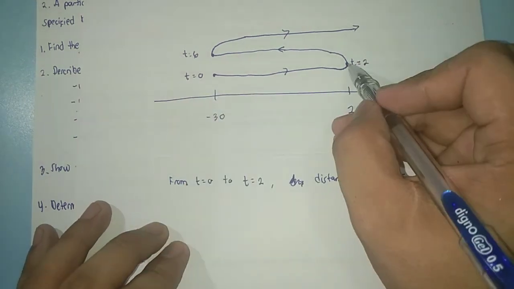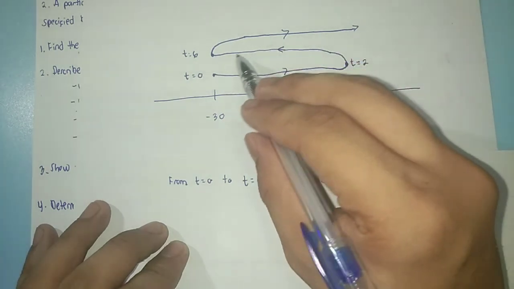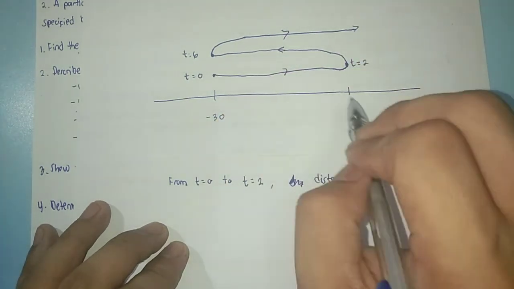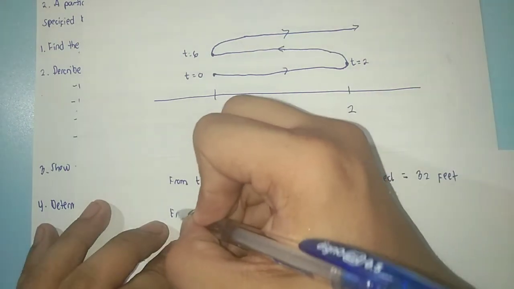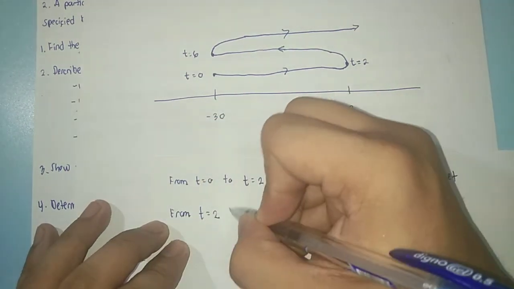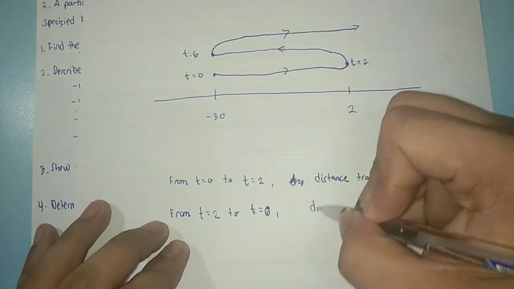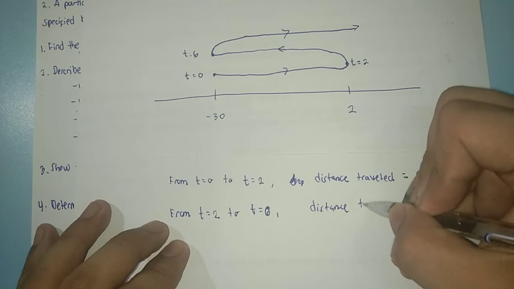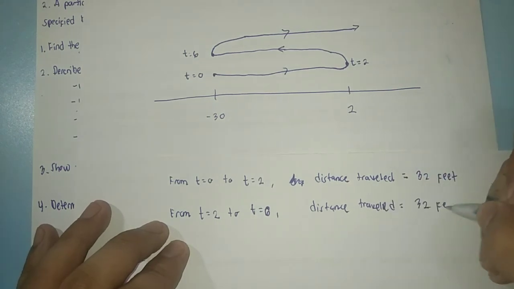Tapos, mula dito sa 2 papunta sa 6, bumalik siya, 'di ba? So anong distance 'yan? 32 din. Okay, kasi bumalik siya sa dati niyang position eh. So from 2 to 6, yung distance traveled is 32 feet din.